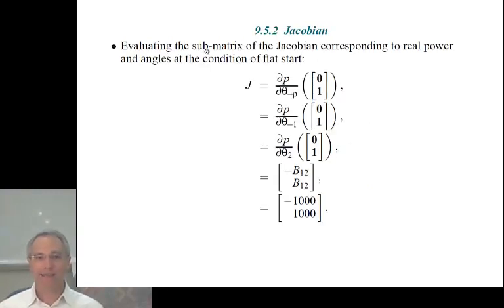If we evaluate the submatrix of the Jacobian that corresponds to real power and angles at the condition of flat start, in other words, dP by d theta minus rho, that has two entries corresponding to injections at bus 1 and bus 2, and it's with respect to theta minus rho, or theta minus 1, which is theta 2, the unknown angle. Evaluating that gives us minus B12 and B12, which is minus 1,000 and 1,000 respectively.